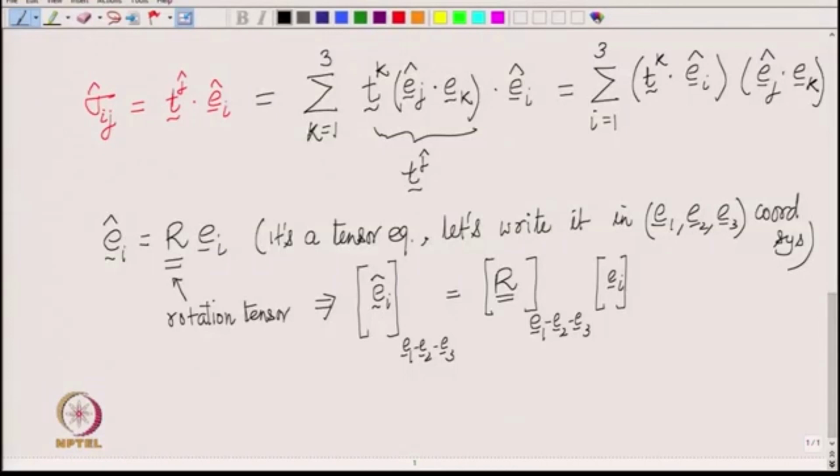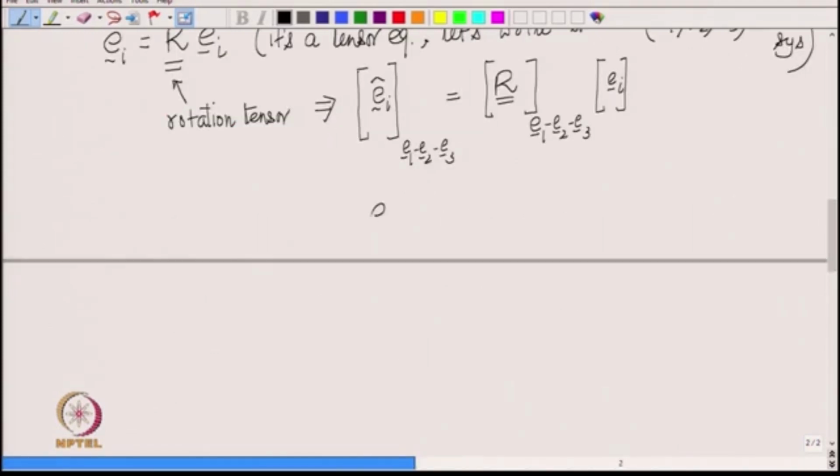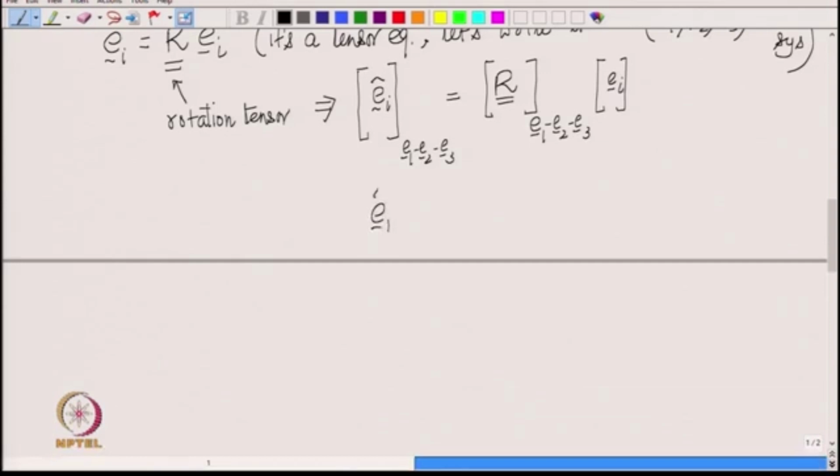So, let us see, if I is equal to 1, what happens to E1 when it gets rotated. E1 hat is equal to the rotation matrix multiplied with E1, which is 1 0 0.